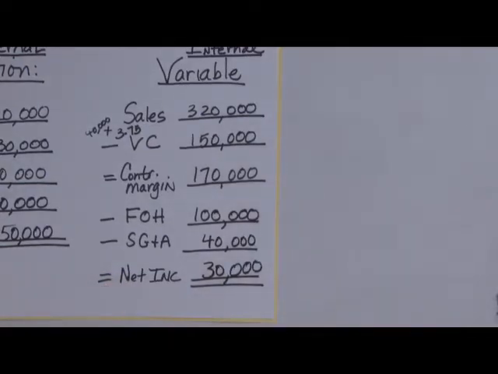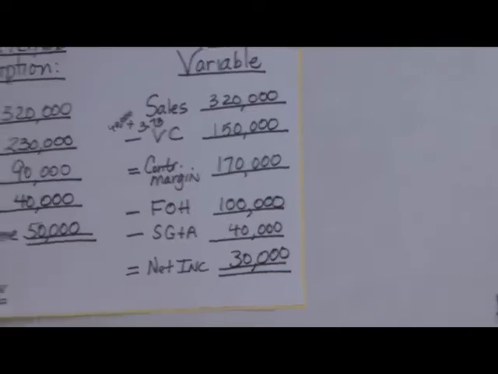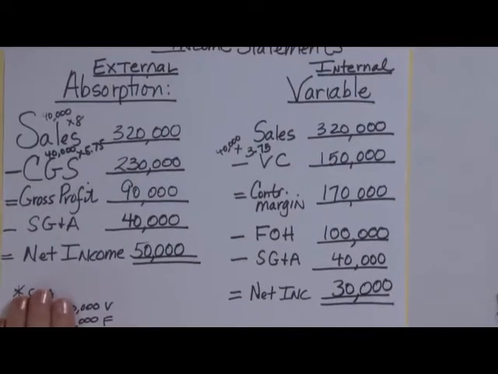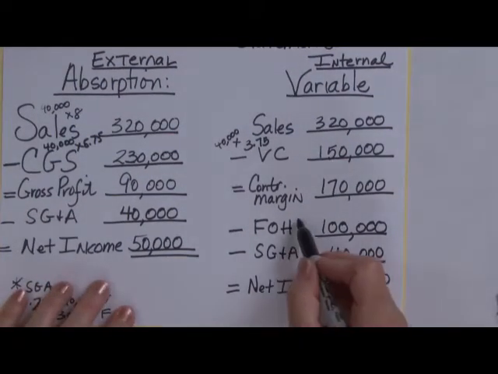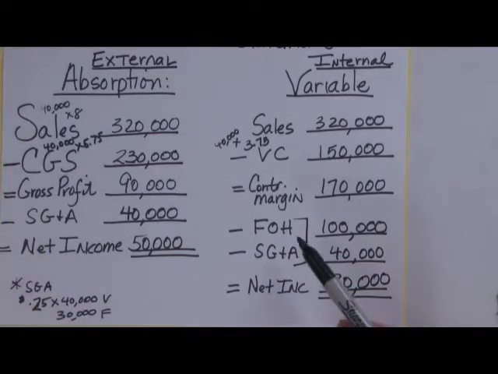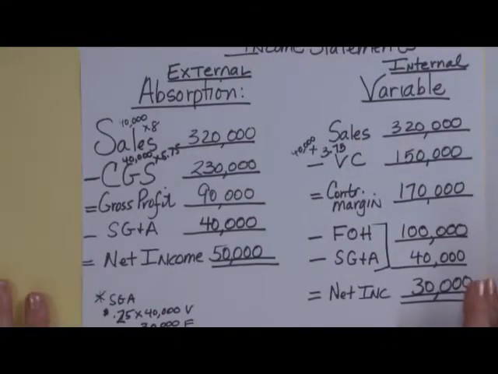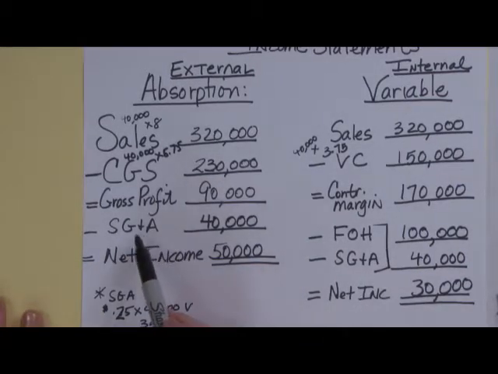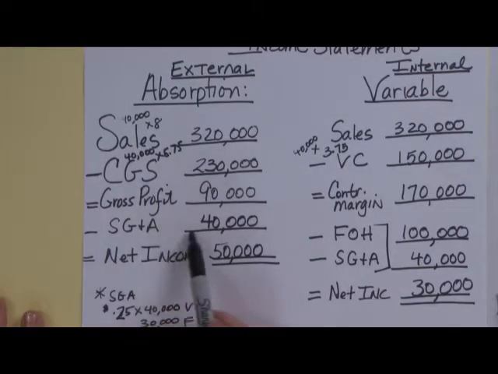So the key difference that we're seeing, we'll put them both here so you can see them at the same time, is that under variable costing, we are expensing factory overhead and SG&A. In absorption costing, we're only treating SG&A as a period cost.